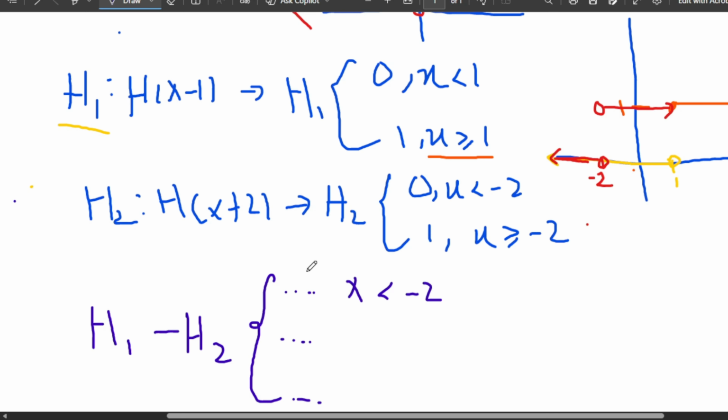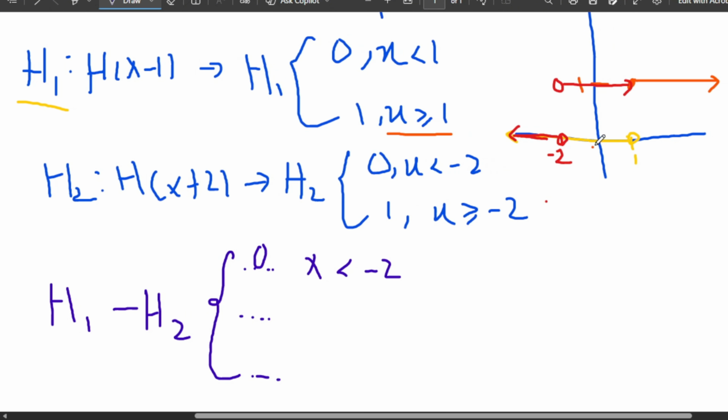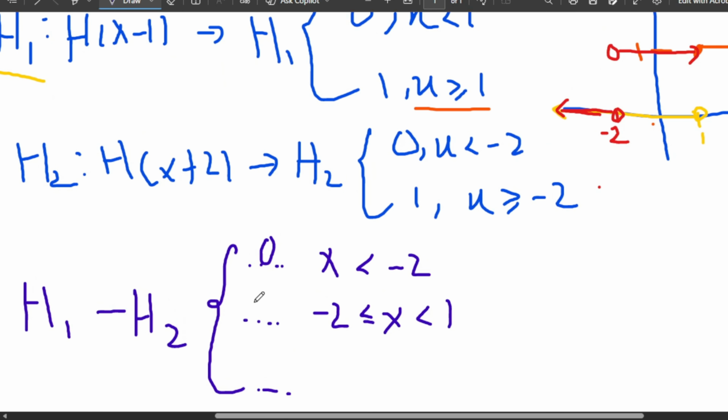So 0 minus 0 will be 0. How about in between negative 2 and 1? So negative 2 is less than or equal to x, and x is less than 1. In between that, h2 will be 1 because x is greater than or equal to negative 2, and h1 will be 0 because x is less than 1. So it will be 0 minus 1, which is negative 1.